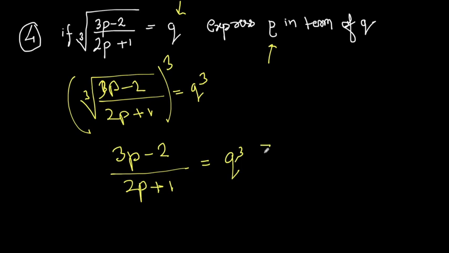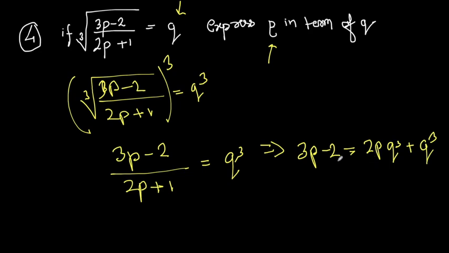Now here I will do the cross multiplication. If you do the cross multiplication, you will get 3p minus 2 is equal to 2p plus 1 times q cube.